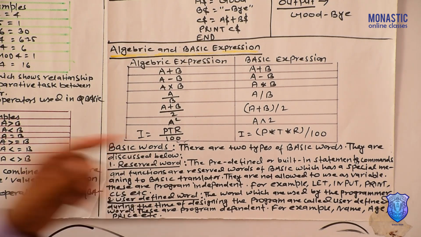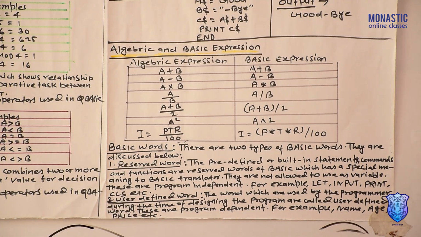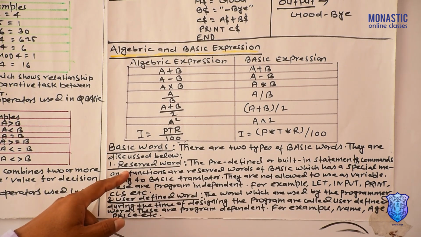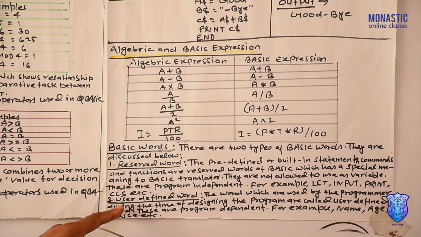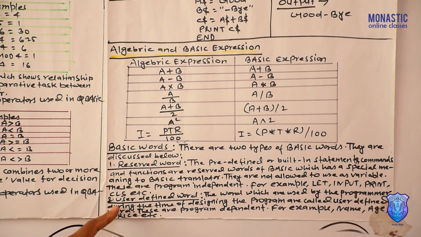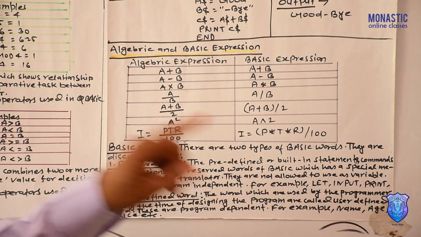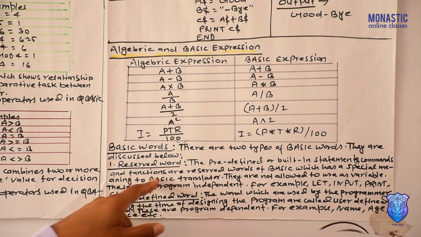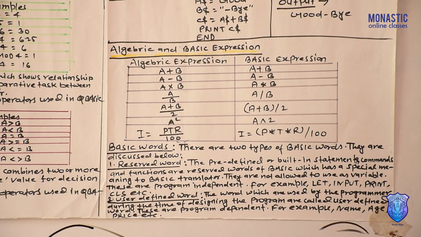Now let's move to BASIC words. There are two types of BASIC words: number one, reserved words, and number two, user defined words. Let me discuss them. First is reserved words. The predefined or built-in statements, commands, and functions are reserved words of BASIC, which have special meaning to the QBASIC translator.